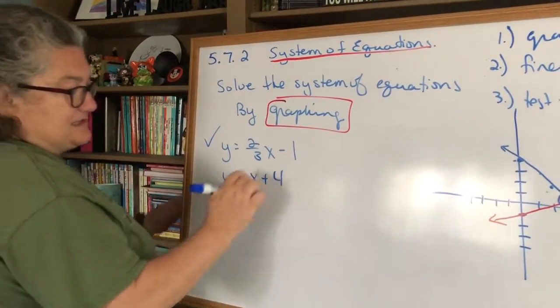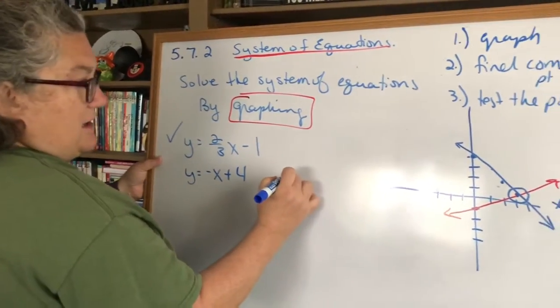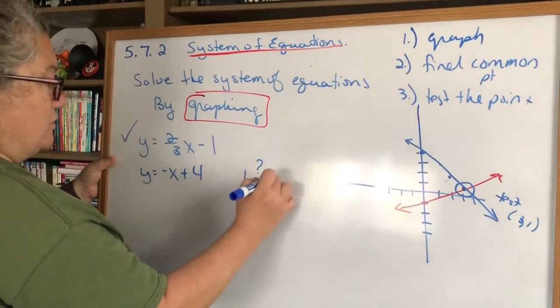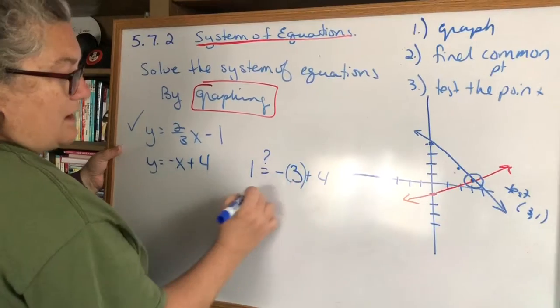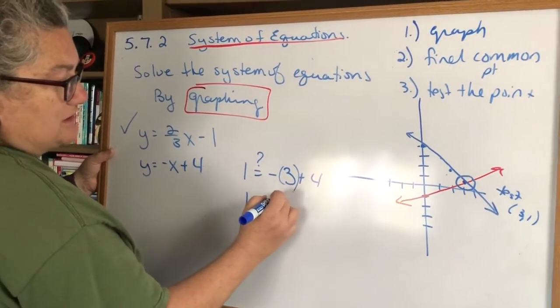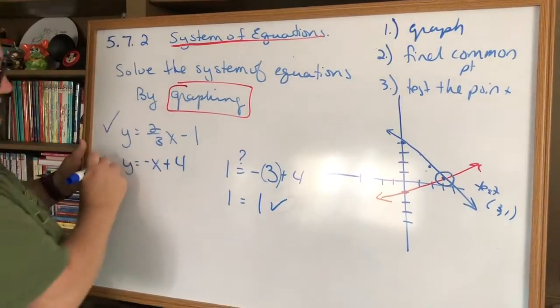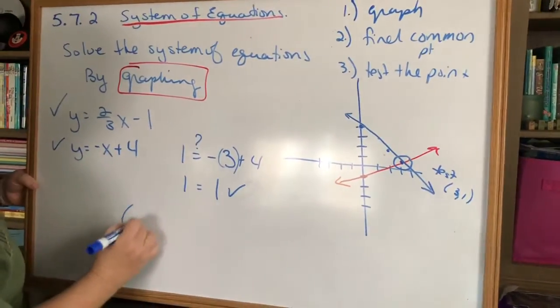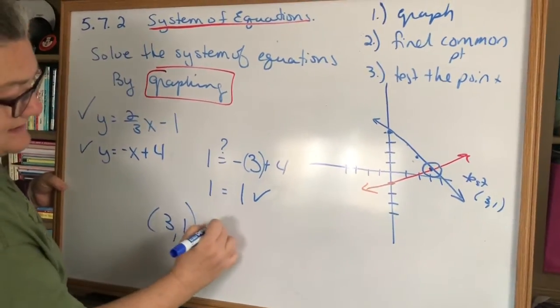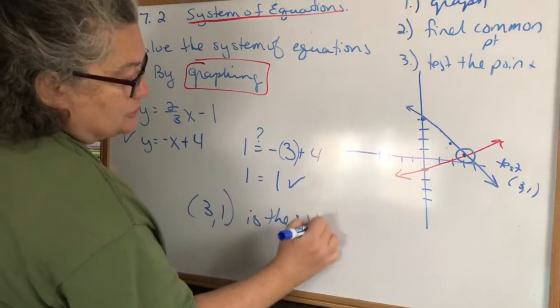Now I'm going to test this one here, which would be 1, does it equal -3 plus 4? And that would be 1 equals 1. Yes. So since it worked for both of these, I know that (3, 1) is the solution.